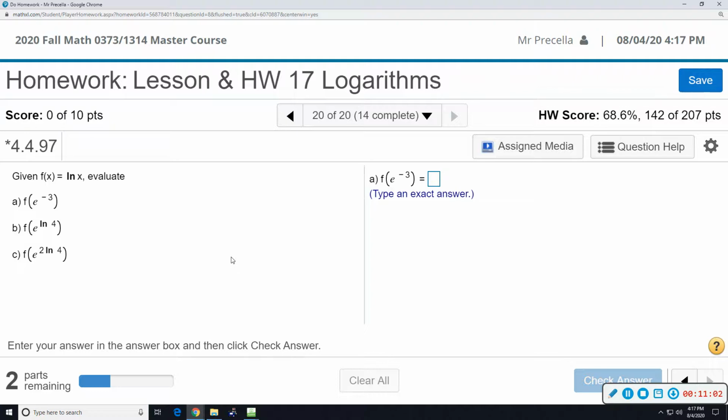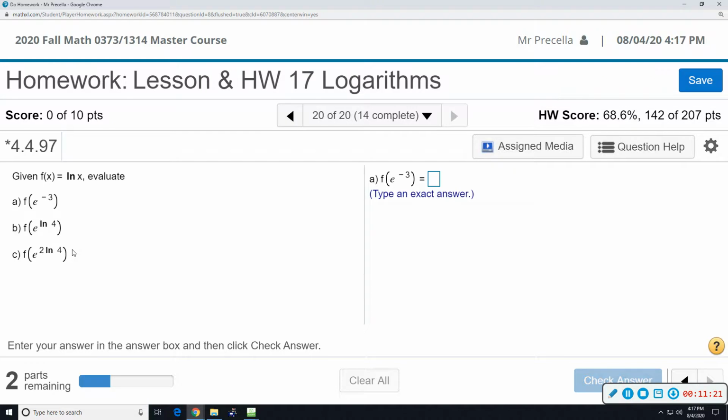Okay, so there's the first part. Then the second part is f of e to the ln 4. And finally, f of e to the 2 ln 4.